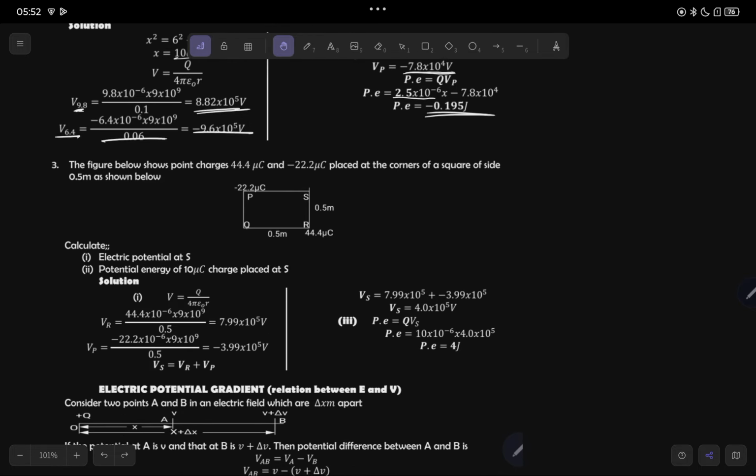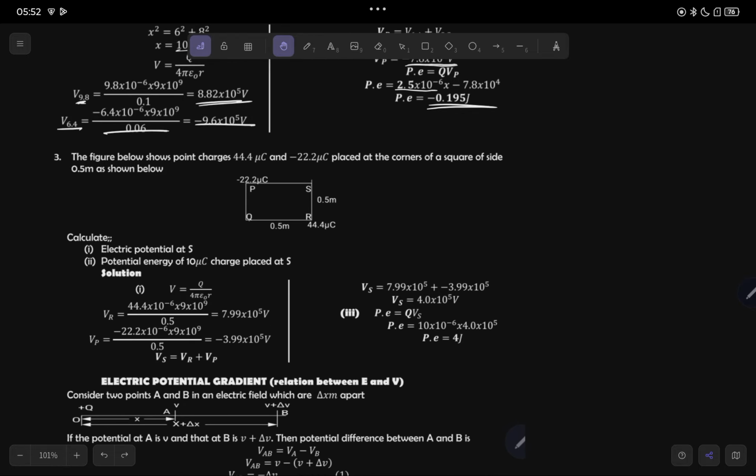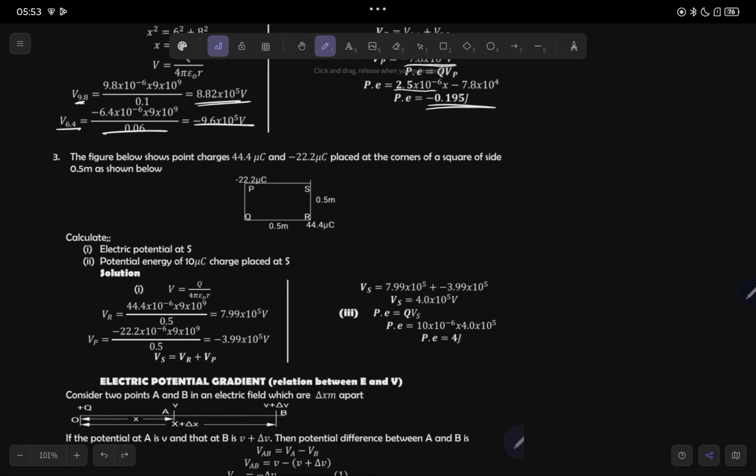The figure below shows point charges 44 microcoulomb and negative 22.2 microcoulomb placed at the corners of a square of side 0.5 meters as shown below. Calculate the electric potential at S. Still, electric potential at S is got by electric potential due to P plus potential due to R. So due to P, we substitute in the values with their signs, negative 22.2 microcoulomb times 10 power 9 over 0.5, and we get negative 3.99 times 10 power 5 volts.